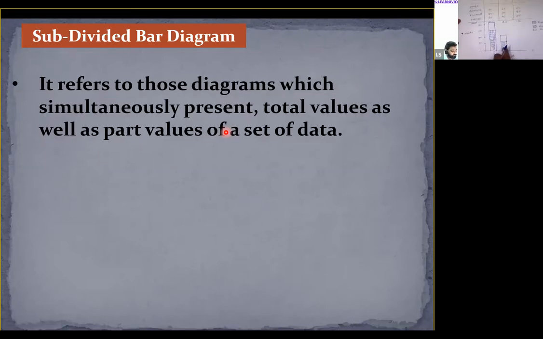This indicates marks in economics. The shaded column indicates marks scored in accounts. Then 90 in business. So we will add 90 to 110. So it will become 200. So let's extend this bar till 200. This bar will be extended till 200.